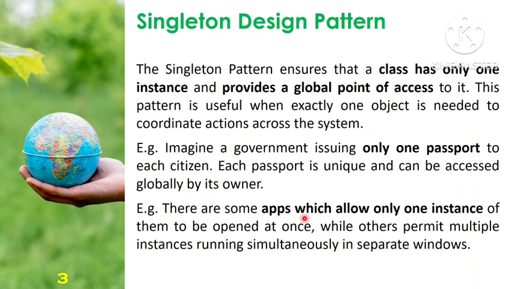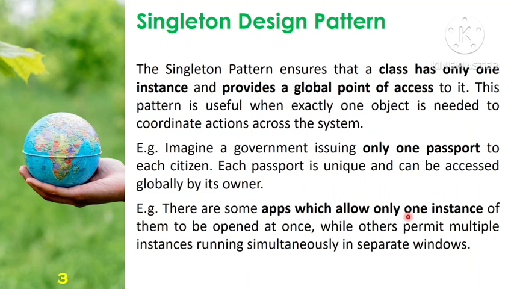Play one game in one instance and then have another game in the other. That's not possible. But we have other apps like Microsoft Word, right? We open a tab, and then if you go and click on another Word file, that's gonna open another tab and another tab. So we can just alternate among them, and no problem, right? So those apps that allow only one instance, they're Singleton, right?